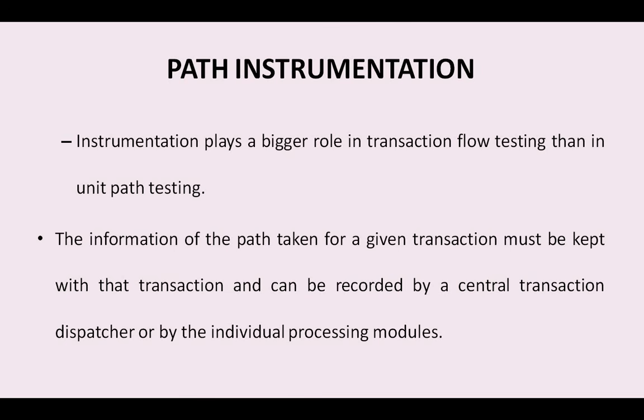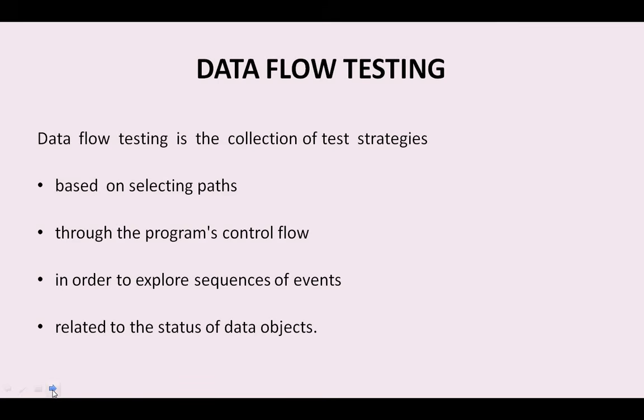So in another execution, if any mistakes arise, we can easily identify them while recording that particular path. If mistakes are there, we can easily identify them in that execution of the path. So it is always better to record the particular transaction where it is going to be executed. So this is path instrumentation.